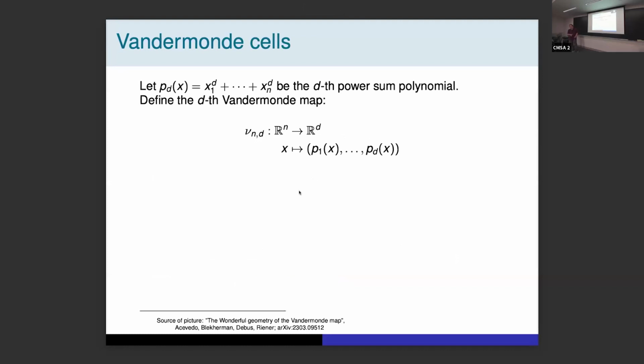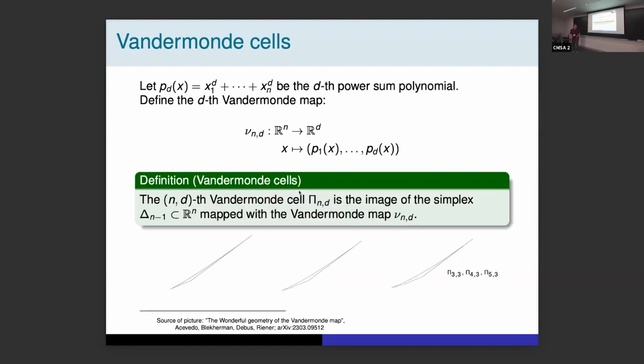I denote by p_d the power sum polynomial. And then we define the Vandermonde map, which is a polynomial map from R^n to R^d. In the ith component, we have the ith power sum polynomial.